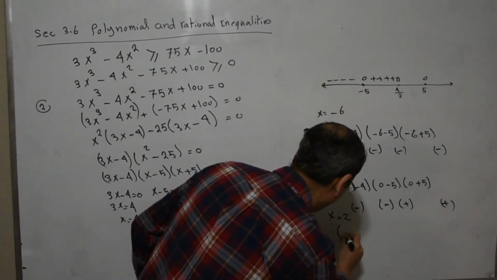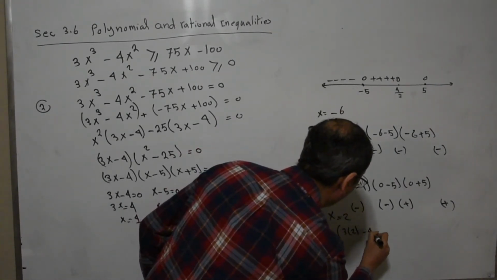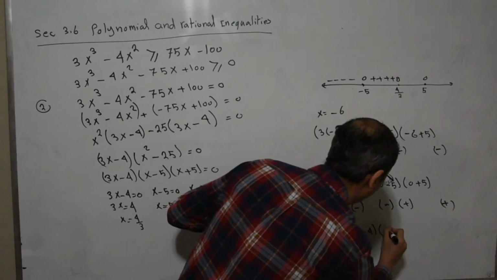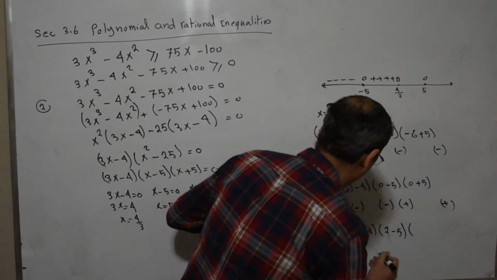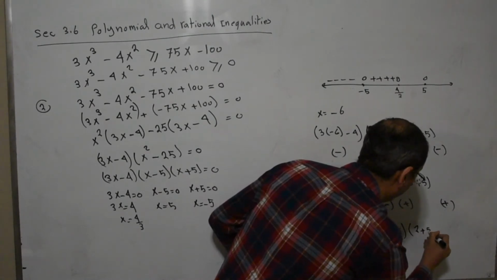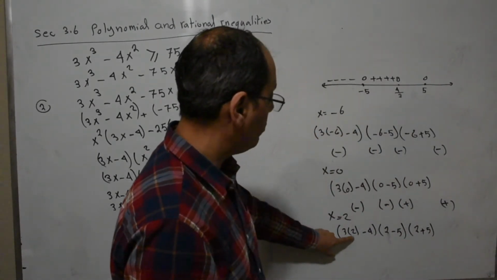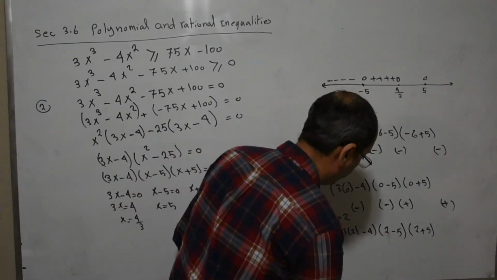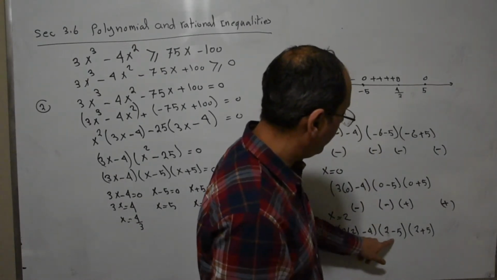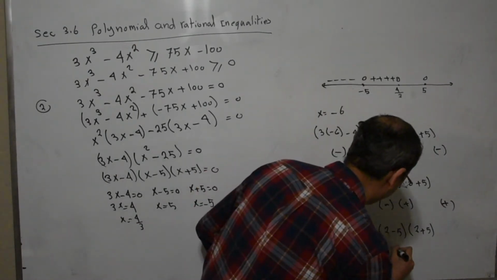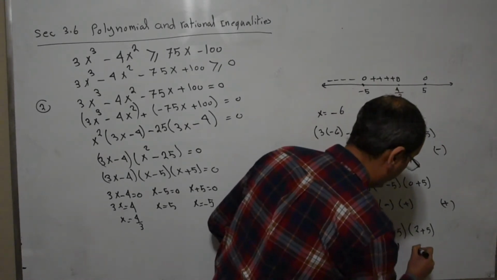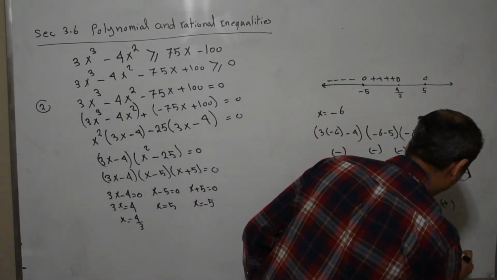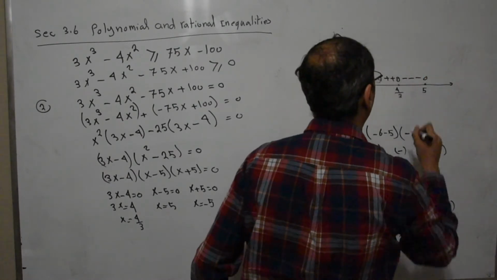So if x is 2, then I have 3 times 2 minus 4, 2 minus 5, and then 2 plus 5. 3 times 2 is 6 minus 4 is 2, so that would be positive. 2 minus 5 is negative, and 2 plus 5 is 7 is positive. Positive times negative is negative, times positive is negative. So I have here negative.